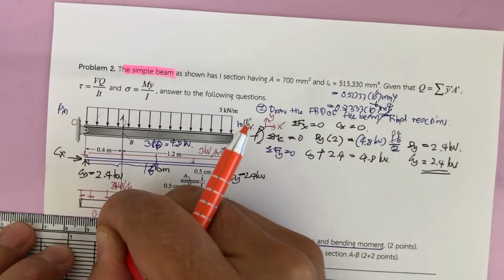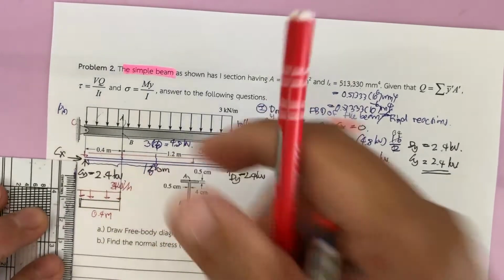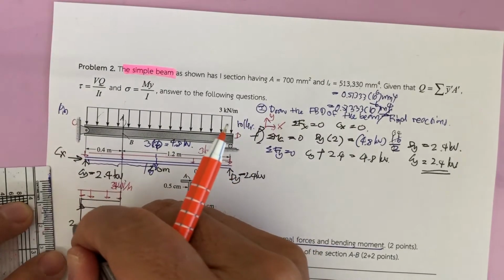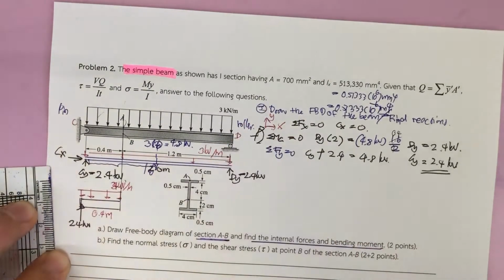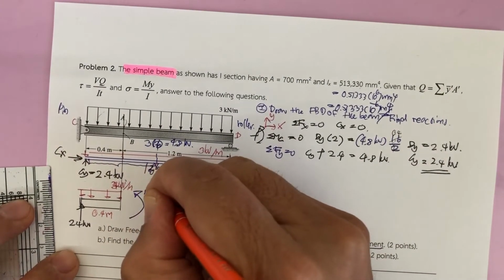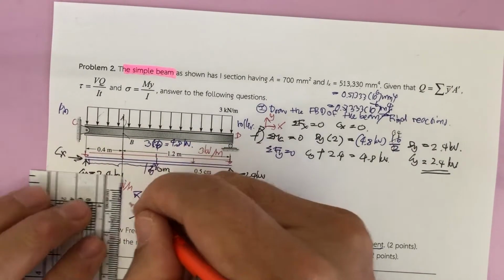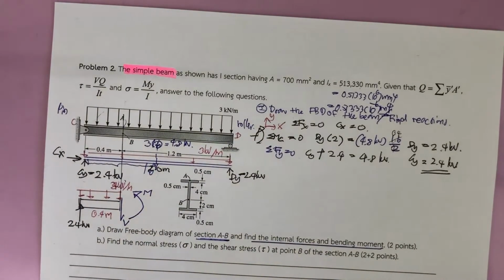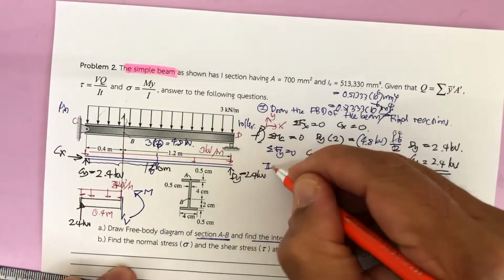This is 0.4 meter. And then you have this one for 2.4 kilonewton. And by cutting this, that means you are going to have this one for the moment M, and the shear here is V.